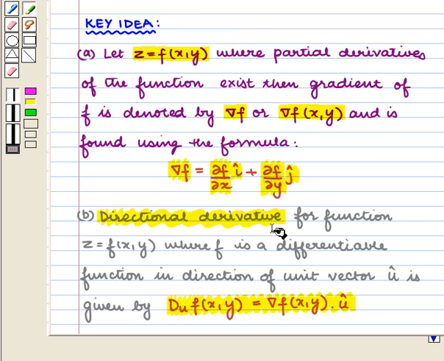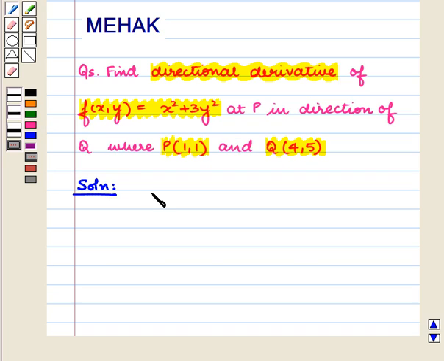And directional derivative for function z is equal to f of x, y, where f is a differentiable function, in direction of unit vector u, is given by D sub u of f of x, y is equal to the dot product of gradient of f of x, y and unit vector u.